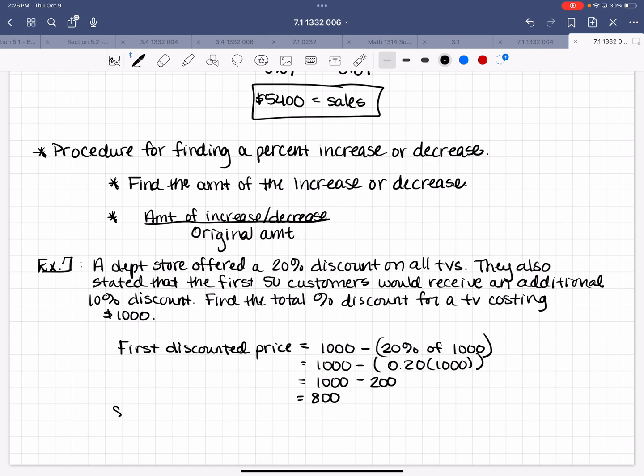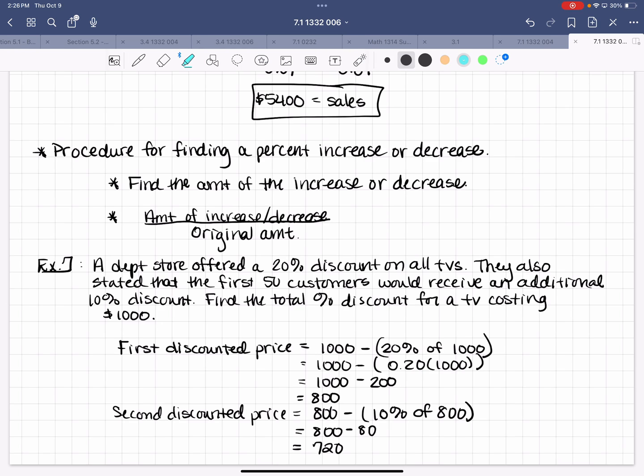So our second discounted price is going to equal 800 minus 10% of 800. Well, that's 800 minus 80. 10% of 800 is 80. So your final price of that TV is going to be $720.